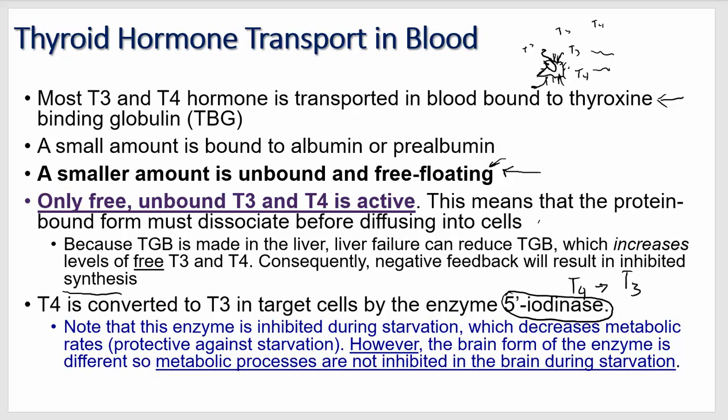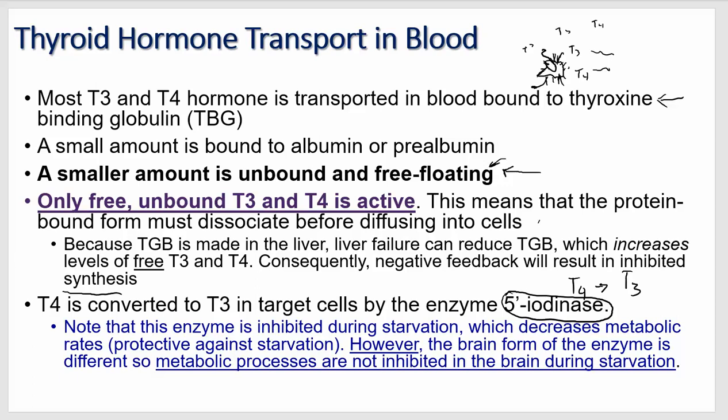And so if you're increasing thyroid activity, you have an increase in metabolic rate. You're turning things up. You're using resources. You're making glucose. You're burning glucose. All right. So this enzyme, this is kind of a handy process, is inhibited during starvation.